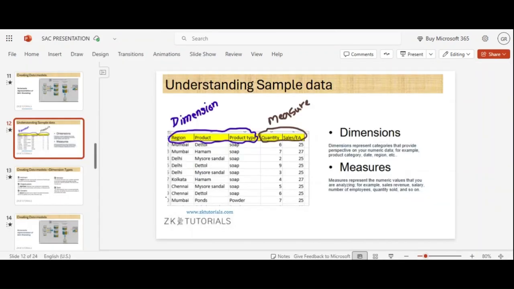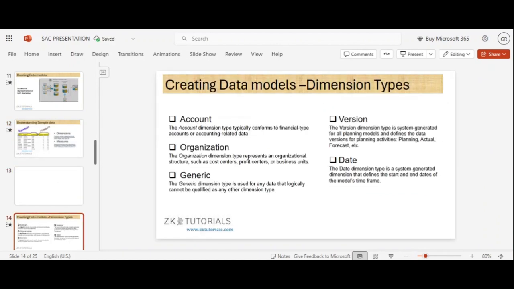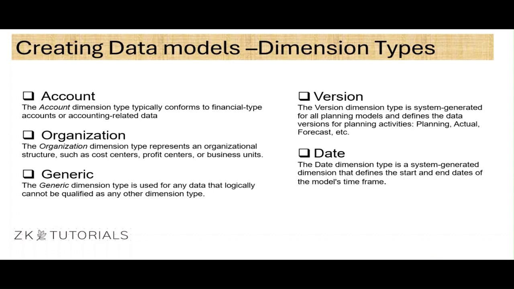What is dimension? What are measures? We'll see what are the different data models, dimension types. So there are different dimension types. Account dimension typically comes to the financial type accounts. Like you have different accounts for each of the functions in the business.